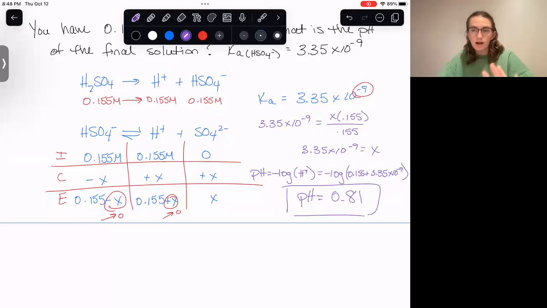So this doesn't have a lot of effect on what the pH of the strong acid would be, right? If you plugged in the negative log of 0.155, it's going to be very close to 0.81, which is again why we can use the assumption. But this just shows you that it'll be slightly lower in your pH than the initial deprotonation, because you are contributing a little bit extra H plus ions to your solution.